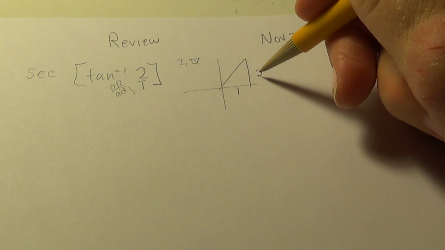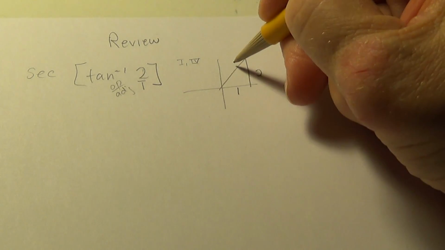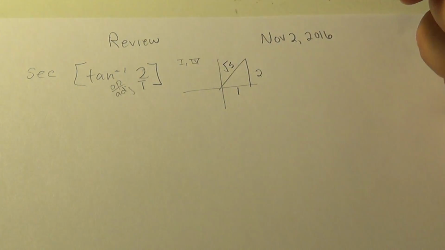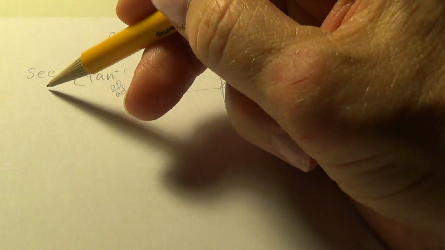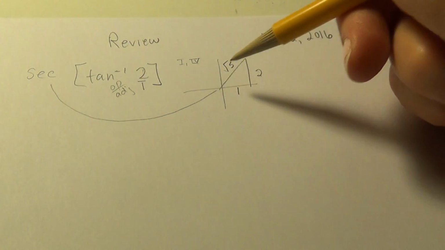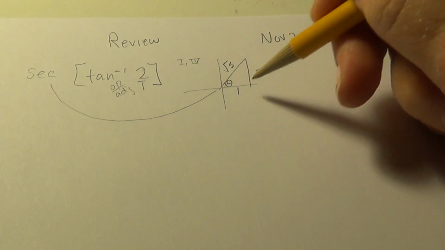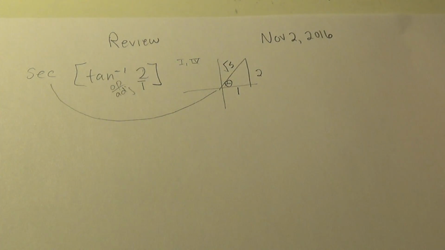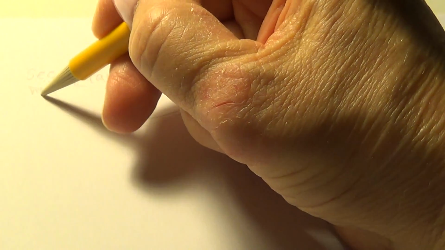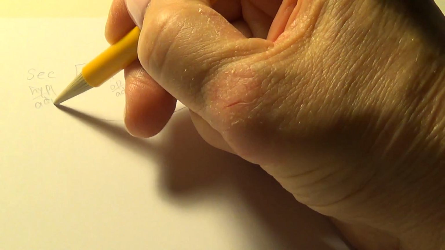And the Pythagorean theorem will get you this unknown side, and it will come out to be square root of 5. So now we're going to take the secant of that angle right there that I just drew. So the secant is hypotenuse over adjacent.